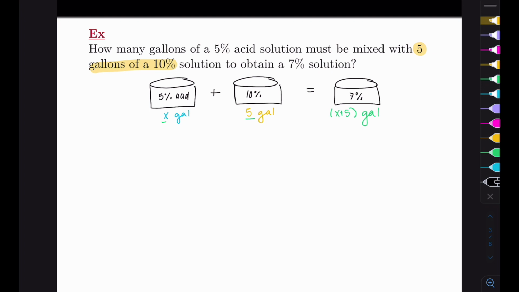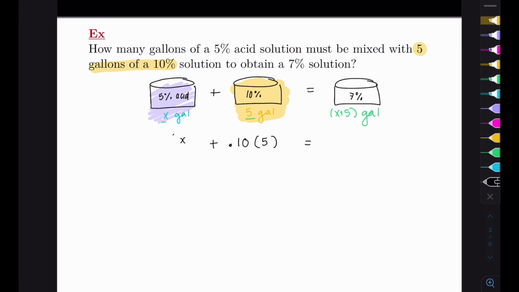Okay. I'm going to start with this middle mixture. I have 5 gallons, and 10% of it is acid. So I'm going to take the 5 and multiply it by 10%, which is 0.10. For this next one, I have X gallons, and 5% of it is acid.